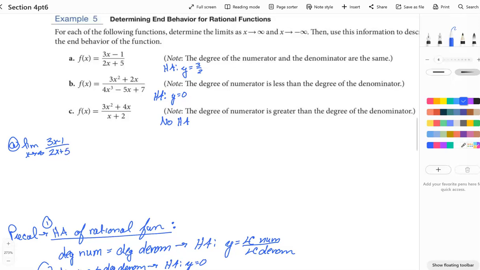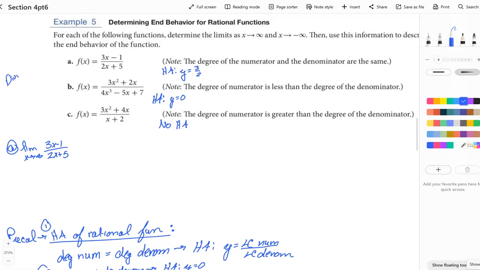So let's think about what's going to happen here. Here's the trick we're going to use. We are going to divide the top and bottom by the largest power of x in the denominator. So the largest power of x in the denominator is x.